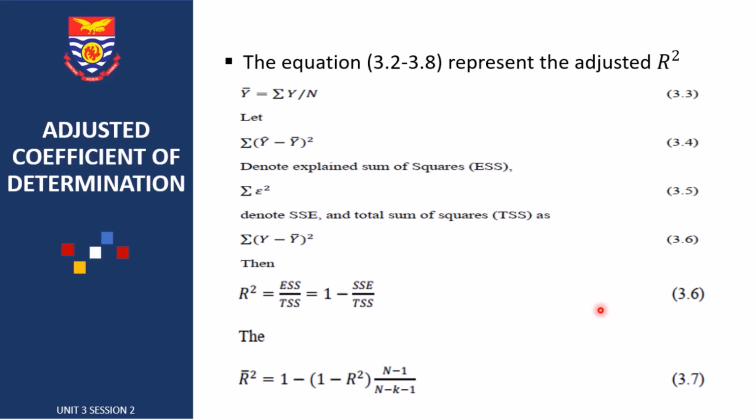We are going to do so with the help of analytical or statistical software. Therefore we don't have to stress much on this portion, but we just have to have a fair knowledge about how the adjusted R-square is estimated, from the average regression to the differences between the estimate and the average regression, and the sum of squared errors, which is denoted by equation 3.5, and the total sum of squares, among other equations.